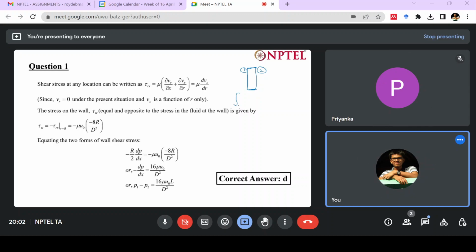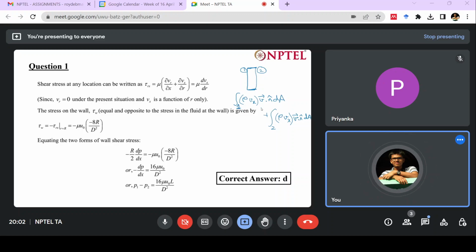So my term will be integration over surface 1 of rho Vx V dot n dx, plus integration over surface 2 of rho Vx V dot n dx. So in these two terms, what is different?